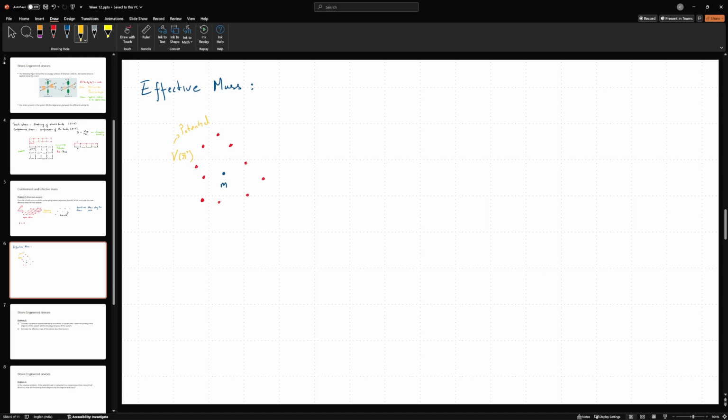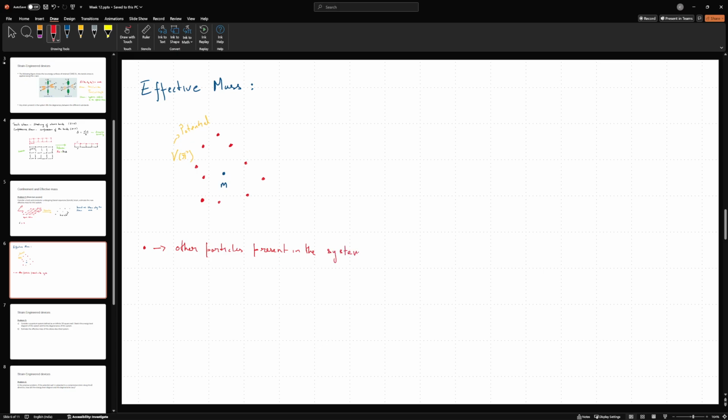And then these quantities, the red particles, are all supposed to be other particles present in the system, not external.